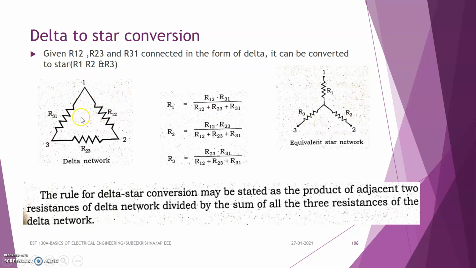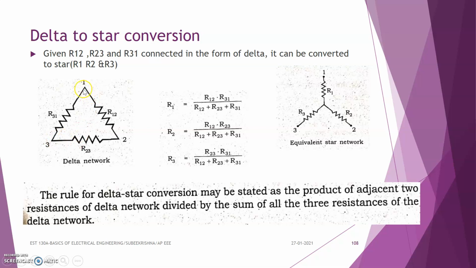So from this delta we can form the corresponding star connected resistances by using this formula, that is R1 is equal to R12 into R31 divided by the total resistance of the circuit, that is R12 plus R23 plus R31. So when we fit this star connected network inside this delta, we get R1 here and R2 here and R3 here.